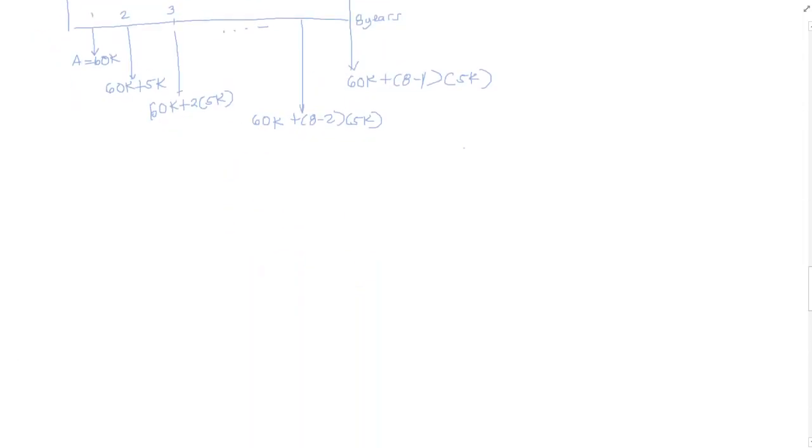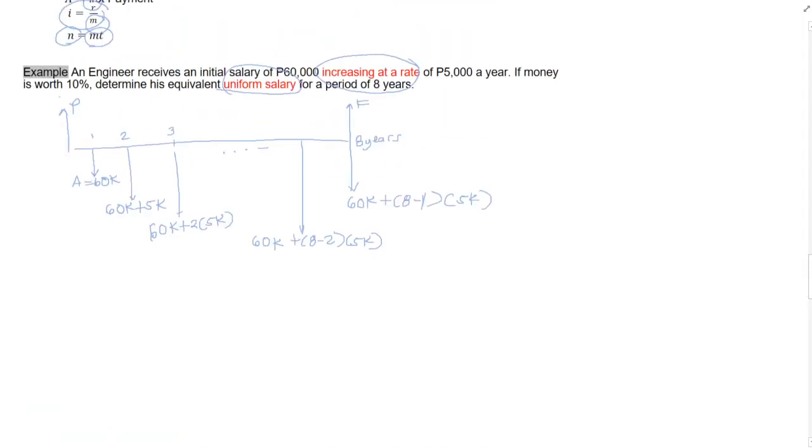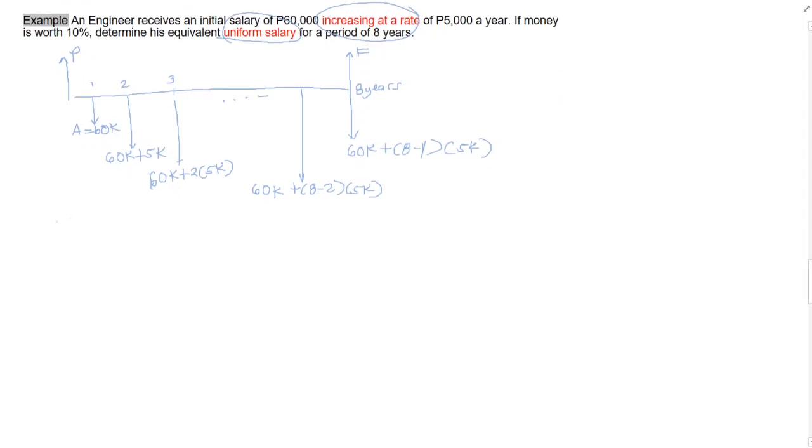Okay, so following that one, for solution 1, since our requirement is the future worth, that is the equivalent uniform salary for a period of 8 years, we have here first the given: t is of course 8 years, the gradient is 5,000 or 5k, and the interest rate, since that is annual, is 10%.